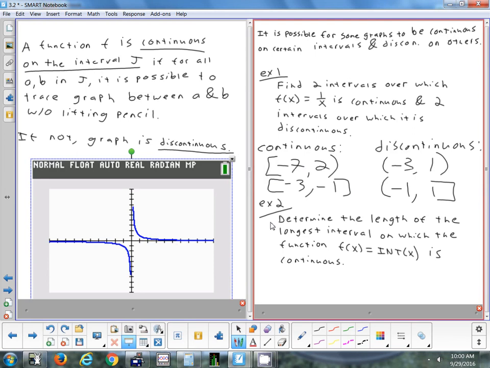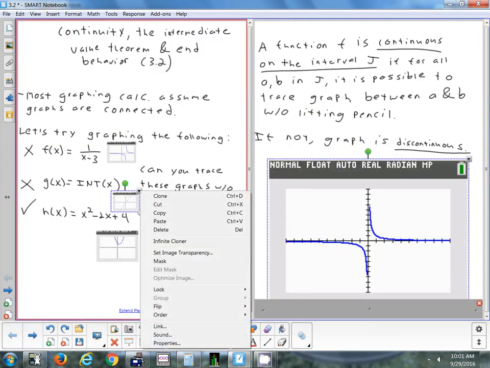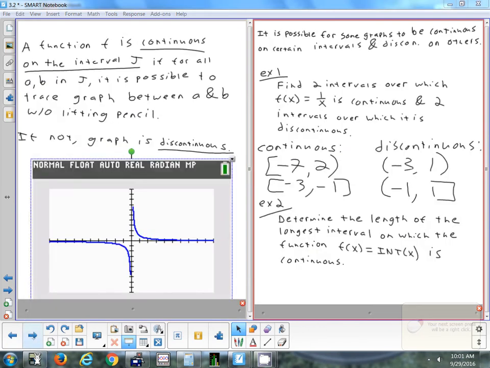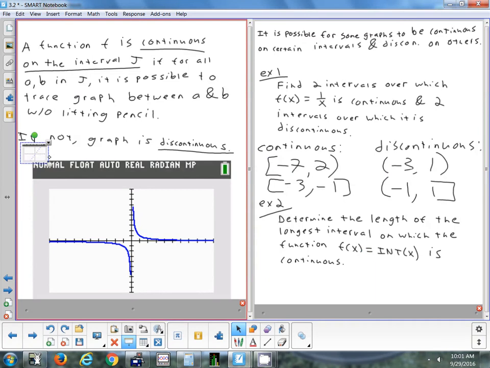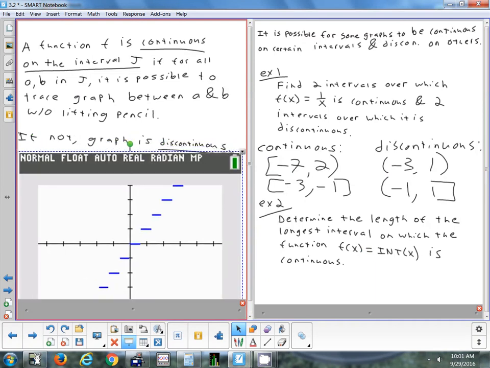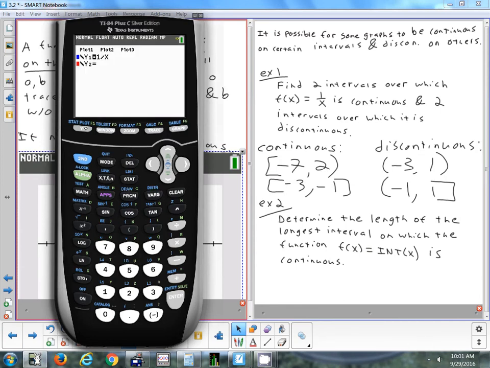How about, let's go back to the step function. What's the length of the longest interval in this graph that would be continuous? And actually, I think I graphed it zoomed in.